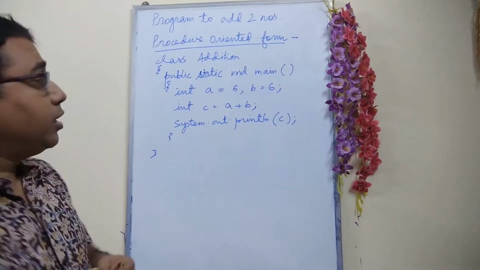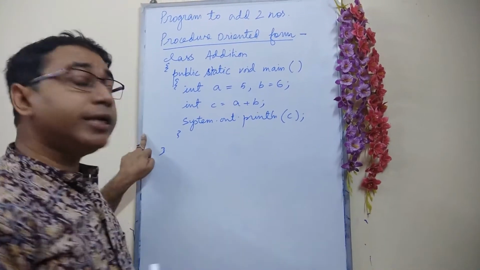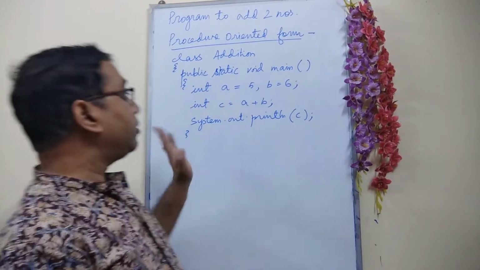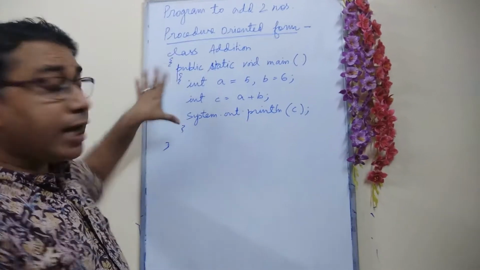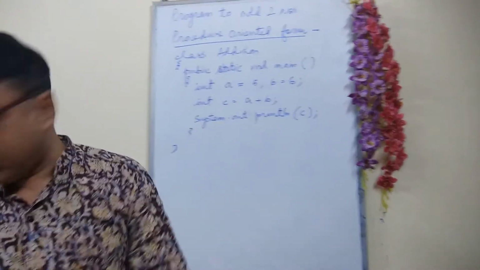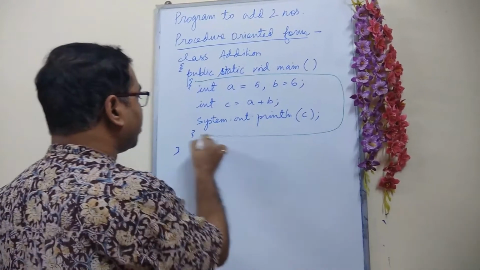Now see, this is a program written in Java, but it is actually following the procedure-oriented concept. Why? Because the entire emphasis is on the process. This entire thing inside is the process of the program.